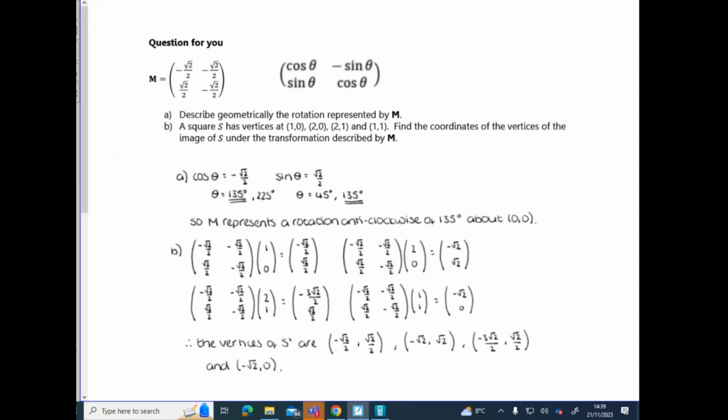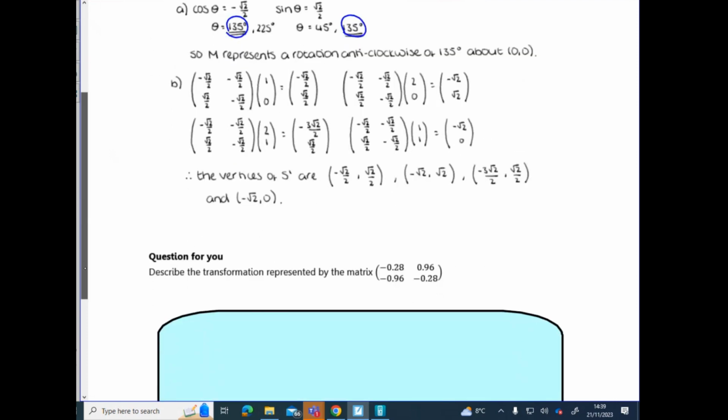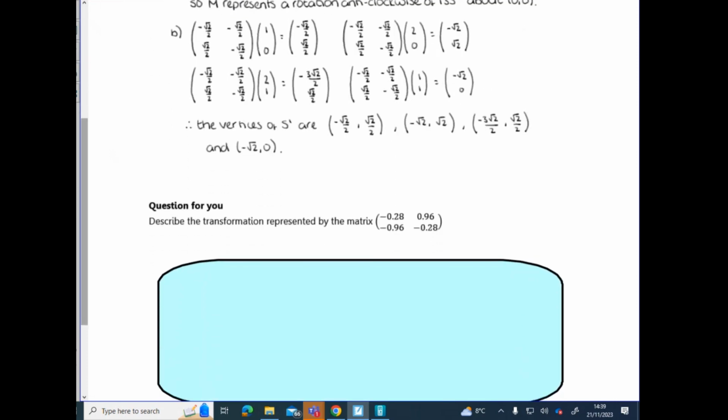Set sine theta equal to root 2 over 2 and solve and look for the answers that are the same, which is 135. So this is a rotation anti-clockwise around the origin of 135 degrees. Then just multiply this by all of these points. You can do them all together in one matrix if you want, or individually. Make sure you write them as coordinates at the end, though. Those are what you should have got before that.